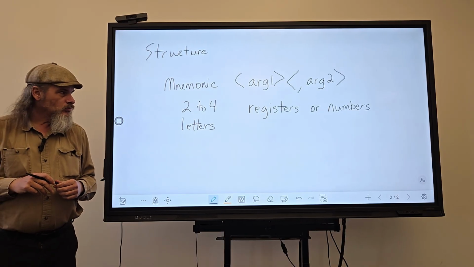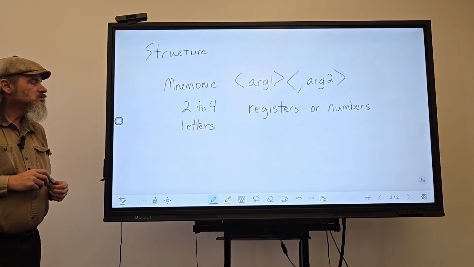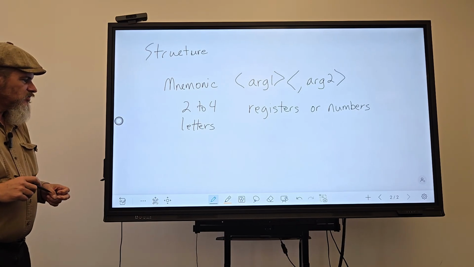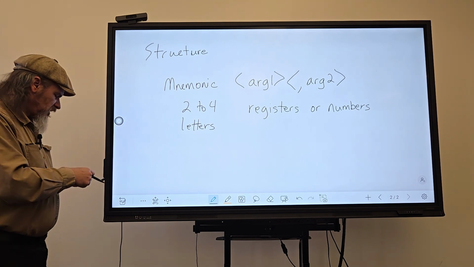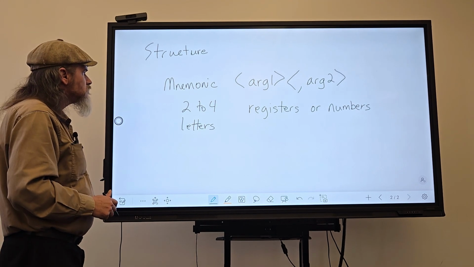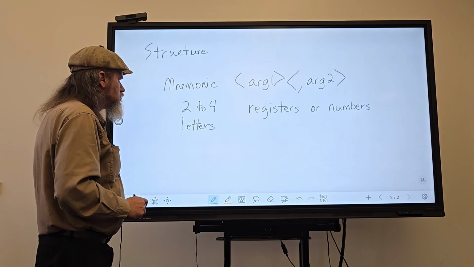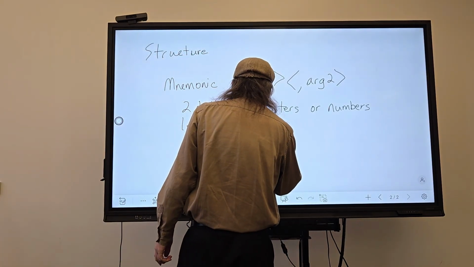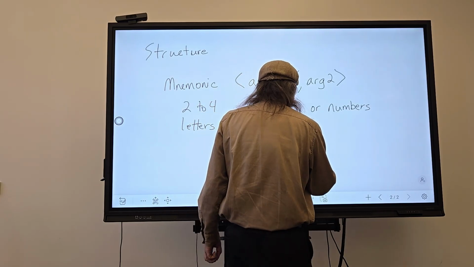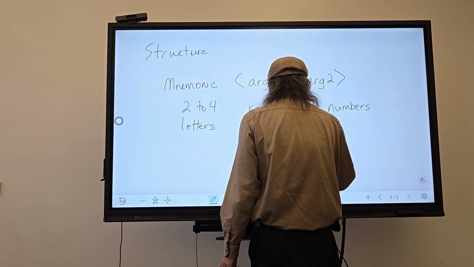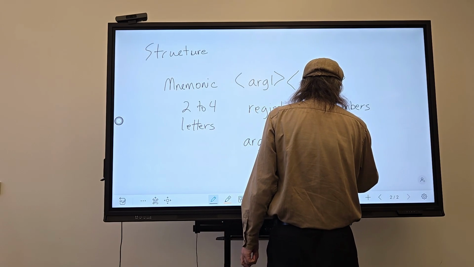So we'll give a real quick sample. Argument 1 is the destination register, the destination of the action.